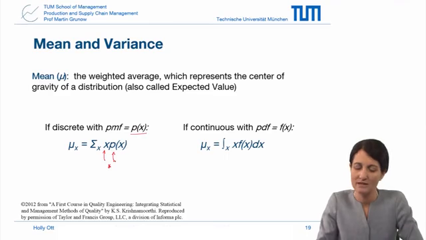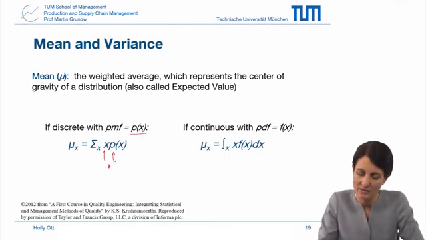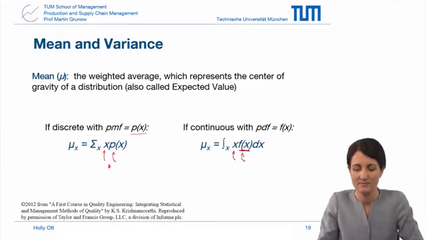If we have a continuous distribution with PDF equals f of x, then we do the same thing, except we integrate over all possible values of x, the PDF times the value of x. So, as stated above, the definitions show that the mean of a probability distribution is the weighted average of the distribution or a center of gravity.